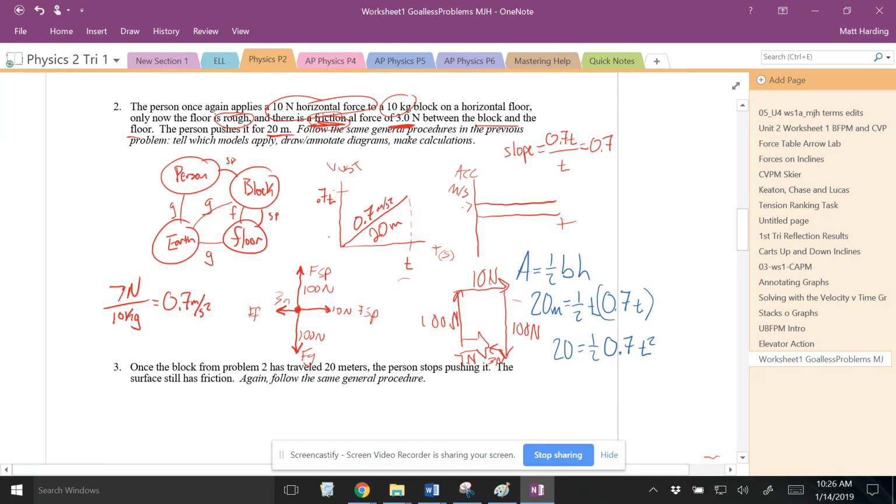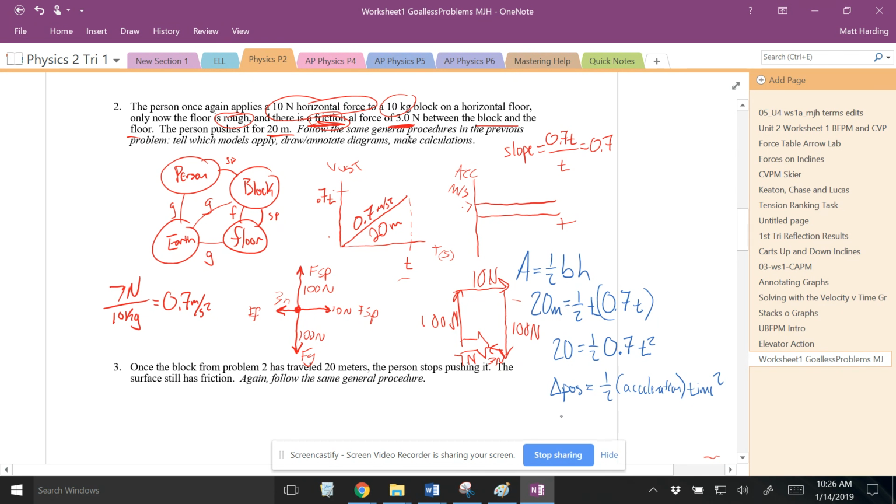Or you could just note what I've written here: the change in position equals 1/2 the acceleration times the time squared. Solve this out.